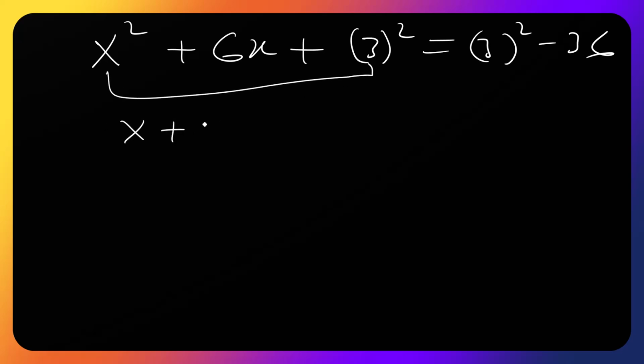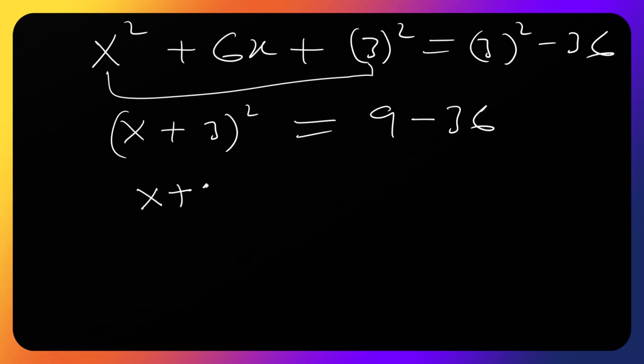That's that. So we have x plus 3 all squared. Now when we expand this, we get everything here. 3 squared is 9 minus 36. Okay. Now from here, x plus 3 squared equals, so we have minus 27.